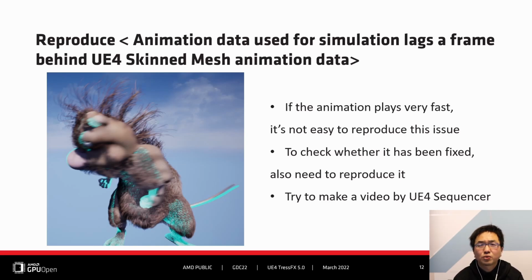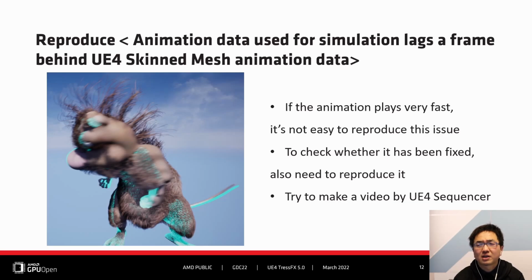It's time to improve the animation data used for simulation, which lags one frame behind the UE4 skin mesh animation data. At first, we found it not easy to reproduce, because the animation plays very fast and we couldn't see it clearly.